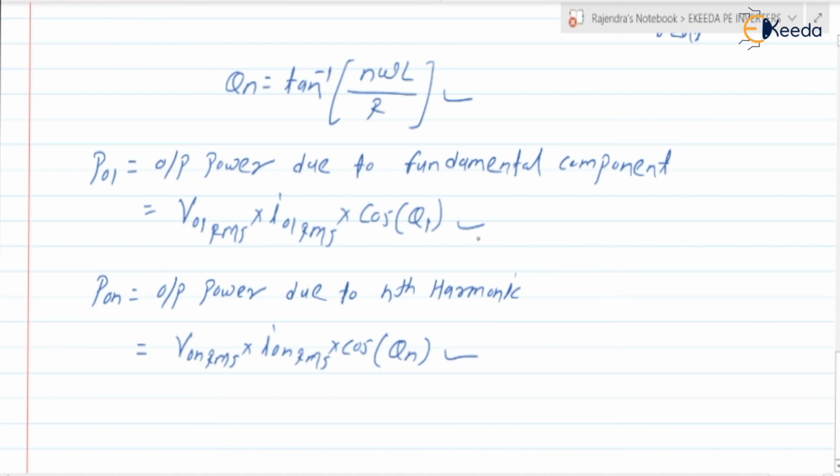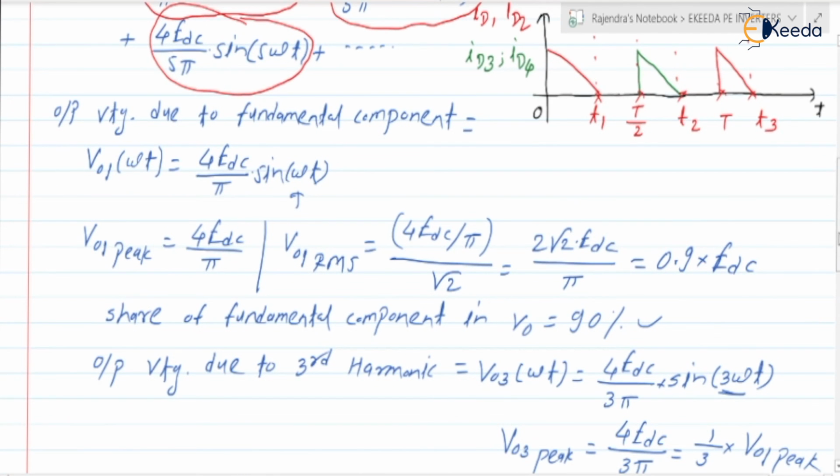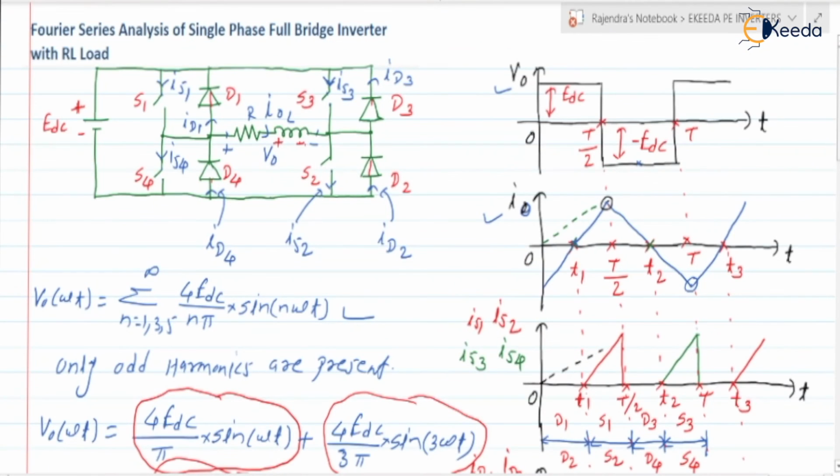Is this clear? So this is about the discussion on the harmonic contents and the Fourier series for the output voltage and output current of a single phase full bridge inverter with RL load. Thank you.